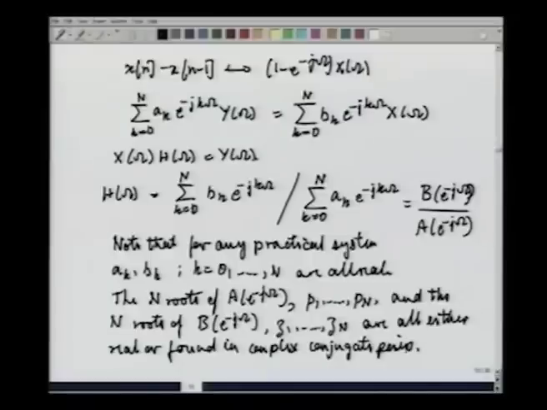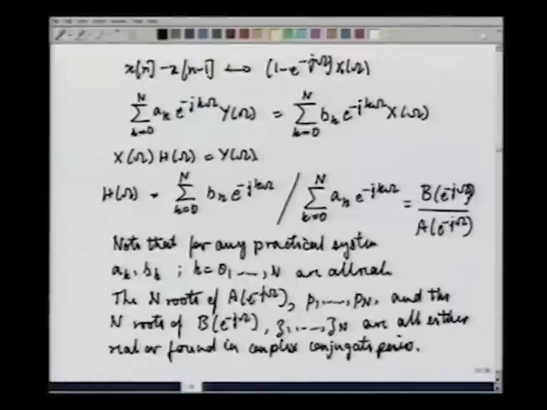We said exactly the same thing when we were studying differential equations under the CTFT, and the reasons in both cases are also the same. It is simply that if the roots are not all real or found in complex conjugate pairs, then when you re-expand the factorized form where the roots are evident to us, it will no longer be the case that the coefficients a_k and b_k will be purely real, as they are expected to be.